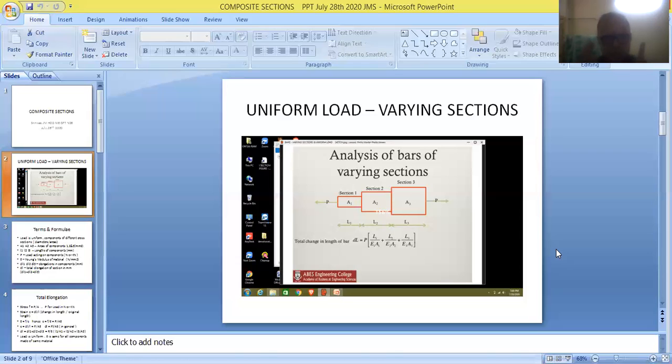In the case of compressive loads, DL must be taken as a negative value. Now friends, all the components are subjected to tension according to the figure given in this slide, so individual elongations must be taken as positive values.